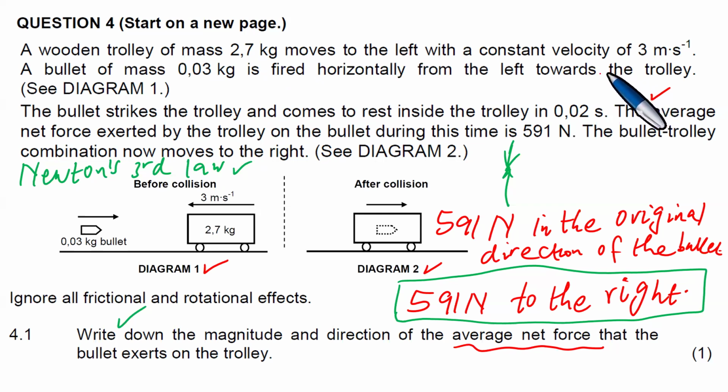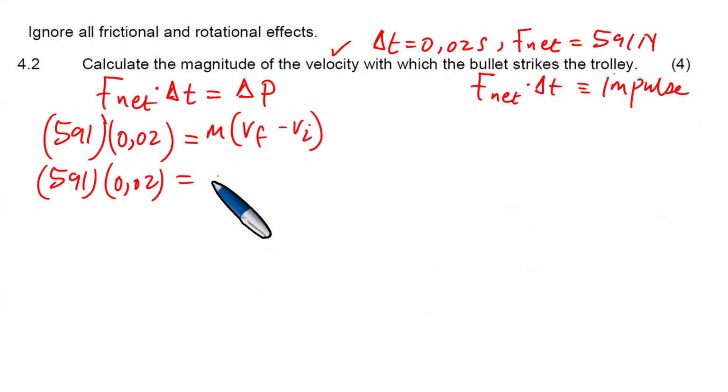So it is important to understand that the mass of the wooden trolley is 2.7 kilograms, and it moves with a constant velocity. To calculate the velocity with which the bullet strikes the trolley, we are first interested in what is happening with the trolley, and in particular in the final velocity.